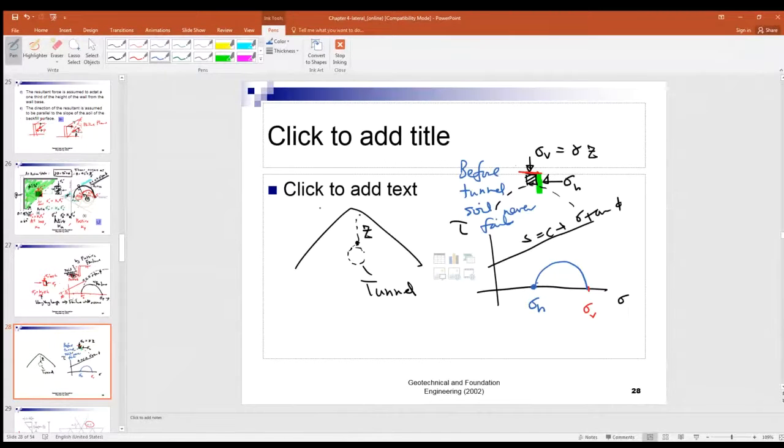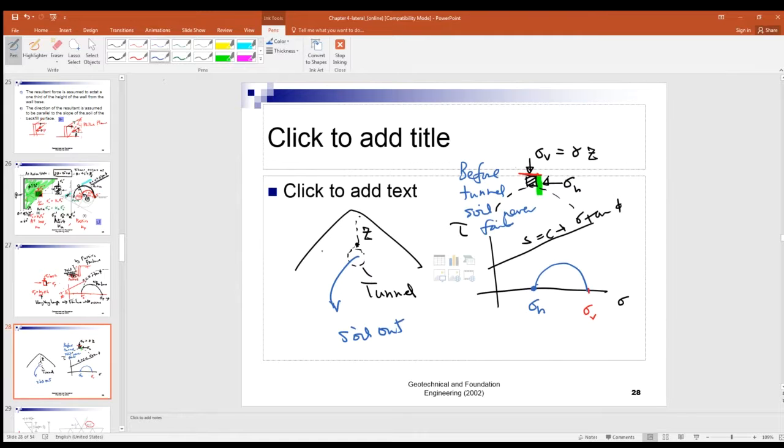But if we build the tunnel, so what will happen? Now we build the tunnel. We move this soil out, right? The soil out. Now we build the tunnel, right?